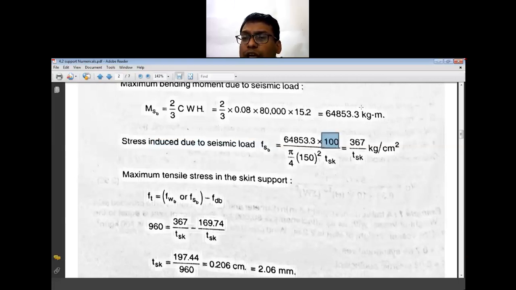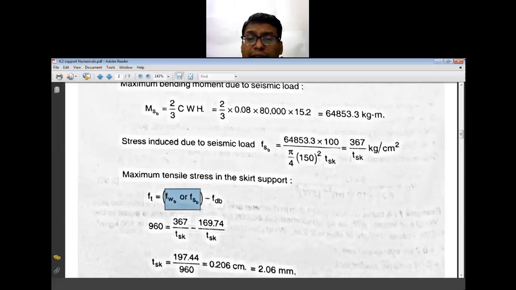So the bending moment because of the seismic load also has to be calculated. The bending moment due to the seismic load, MSB, is equal to 2/3 C W into H, which is 2/3 into C, the seismic coefficient, W, the total weight of the vessel, into H, the height of the vessel.